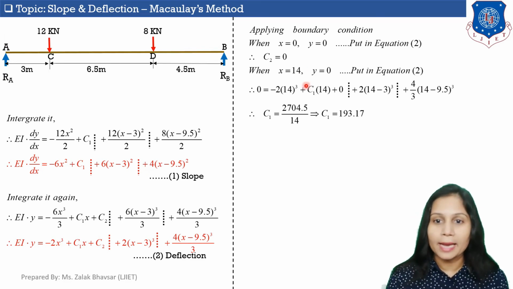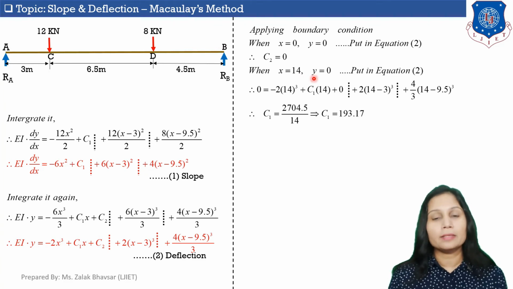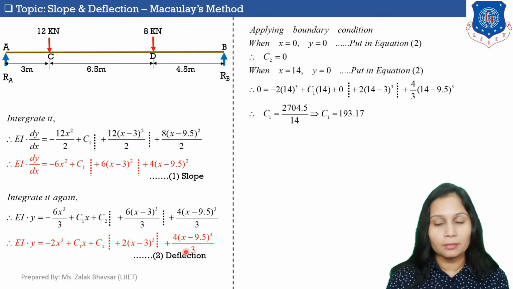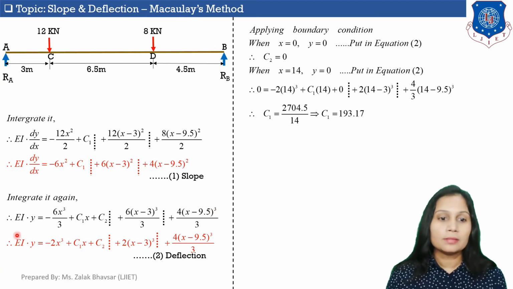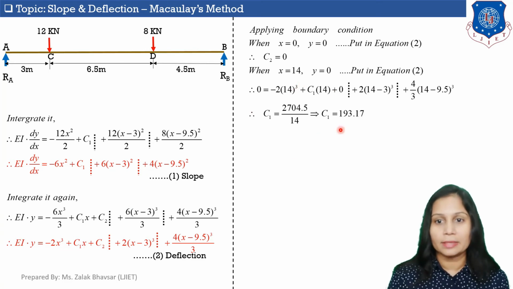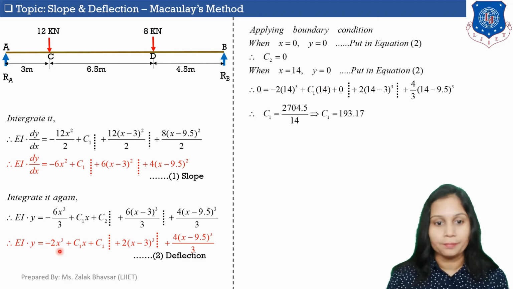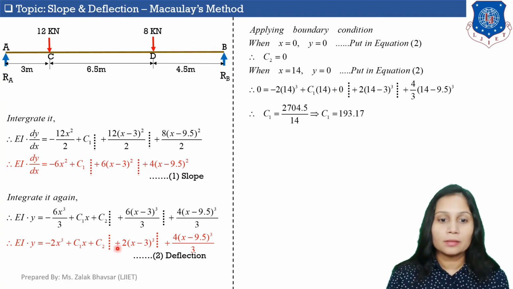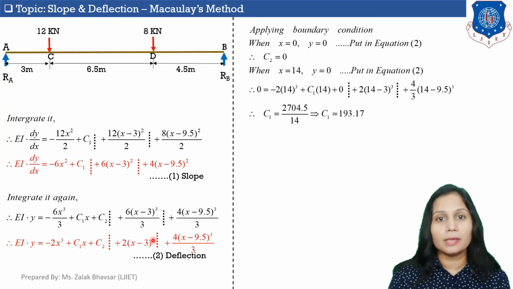It means when x is equal to 14, y is equal to 0. If I put this value in the second equation, then y is equal to 0 is equal to minus 2, x is equal to 14, x cube is equal to 14 cube, plus C1 into x, it means C1 into 14, plus value of C2 is 0, so I am putting 0 over here, plus 2 into x minus 3 cube.